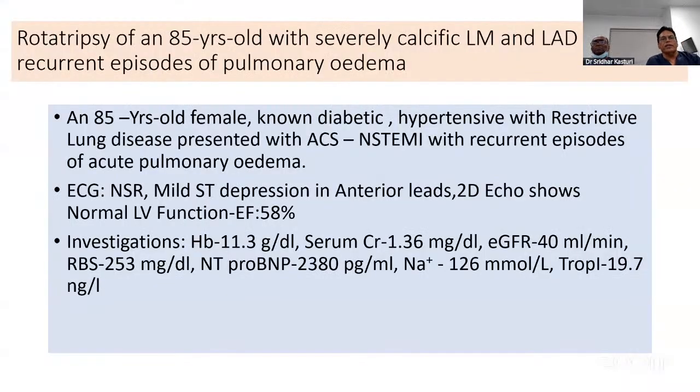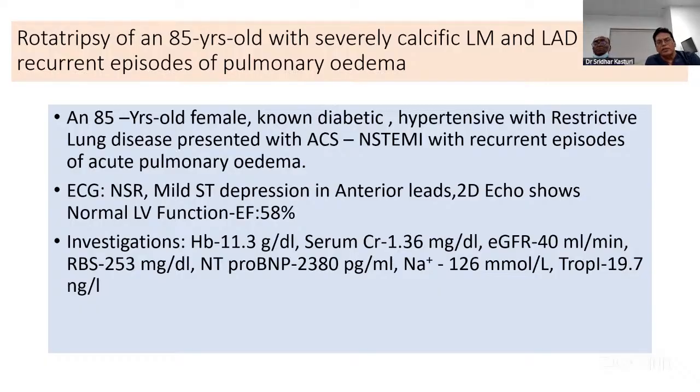This is an 85-year-old lady, a known diabetic and hypertensive with restrictive lung disease, who presented with ACS and recurrent episodes of pulmonary edema. The ECG was normal except for minimal ST-T depression, with no significant ST-T changes. Echo shows normal LV function, ejection fraction 58%.